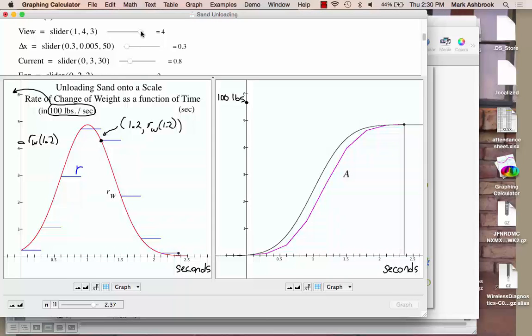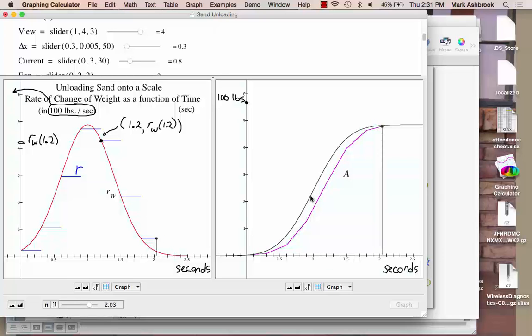So does this make sense? Your prediction was correct. The actual accumulation is higher. Why? Because the red rate graph is predominantly showing greater rates than our approximate rates to start, right? But then in the second half, our approximate rates are higher, but there's already this deficit.